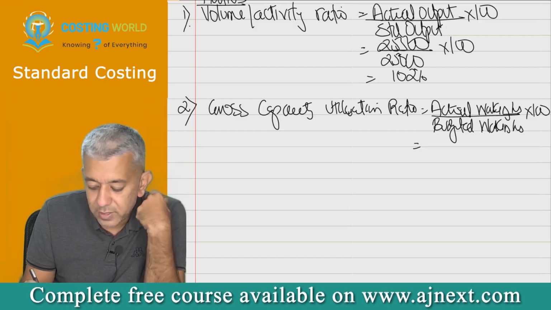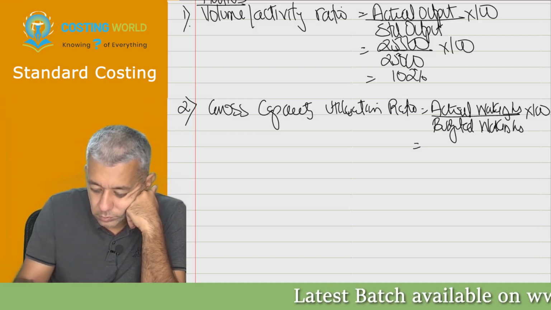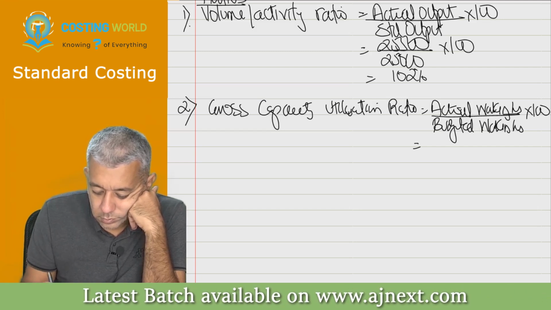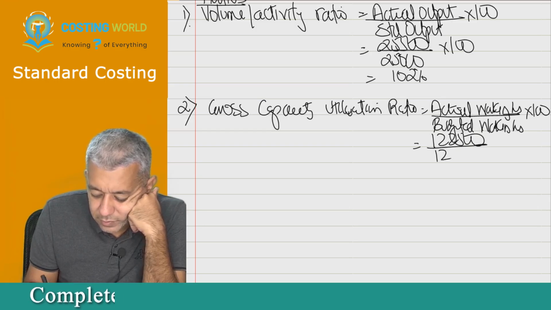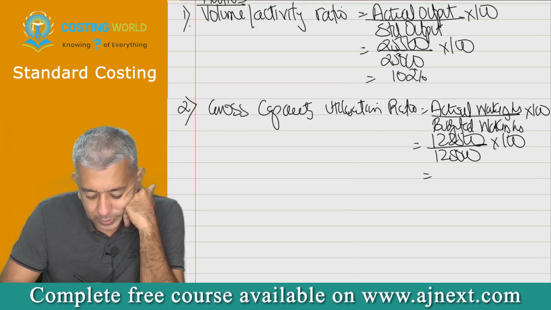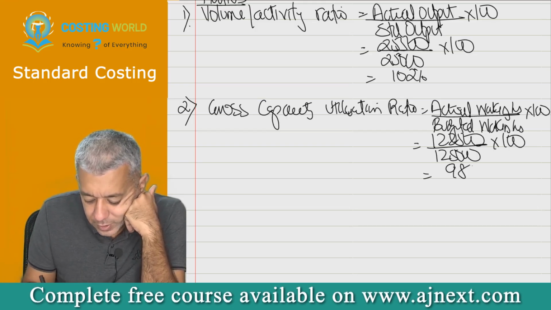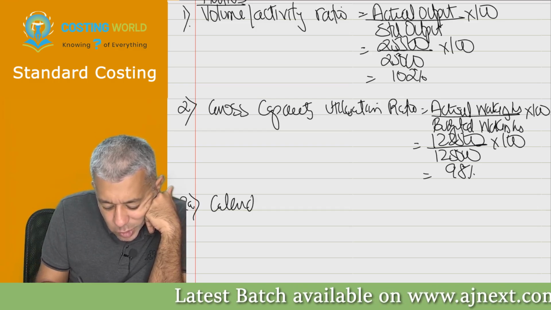So, actual working hours are 122,500 divided by 1,25,000 into 100. Please tell me the answer. 98%. You all finish off 2A, that is calendar ratio.